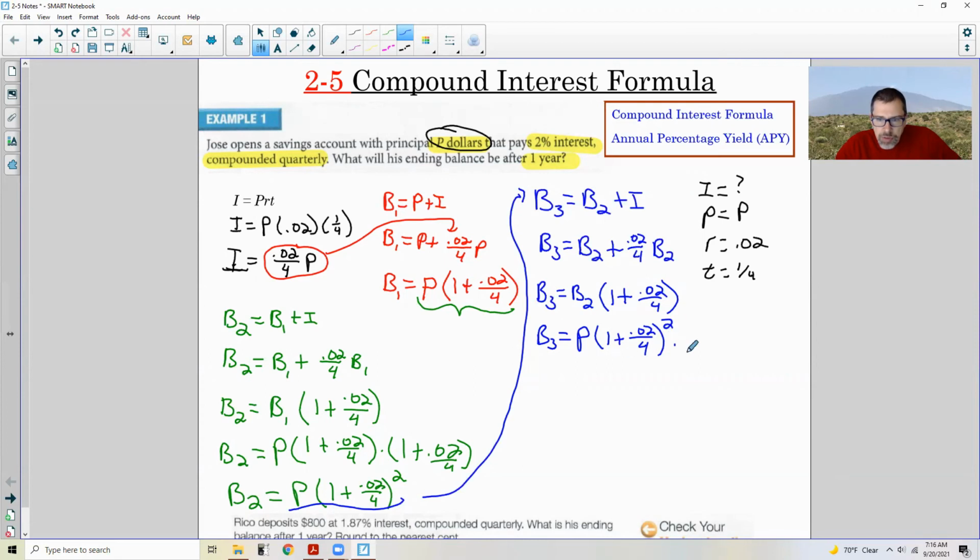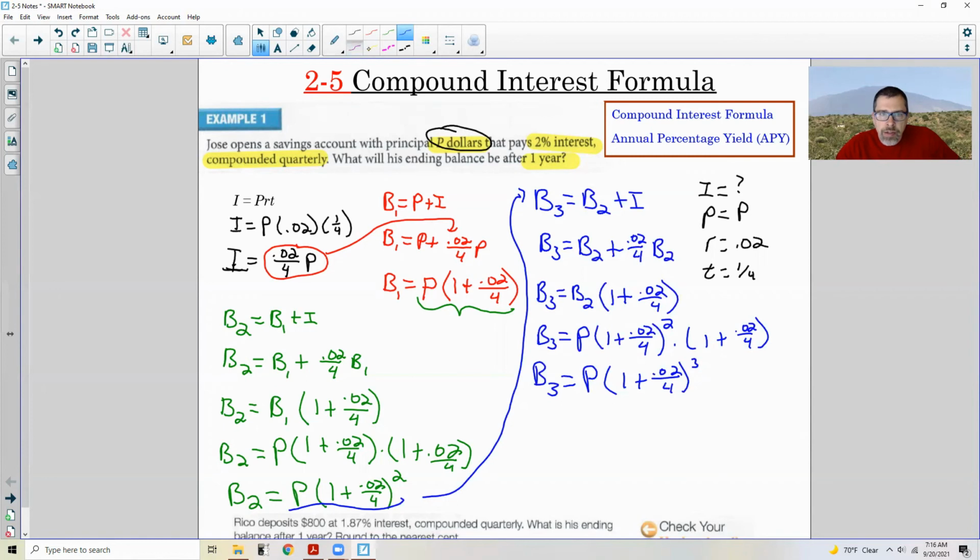So here's B sub 2 times this, which is 1 plus 0.02 over 4. Okay, well, this is going to simplify to B sub 3 equals P times, and this times this is 1 plus 0.02 over 4 cubed.